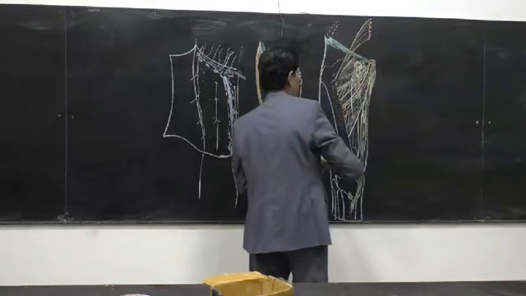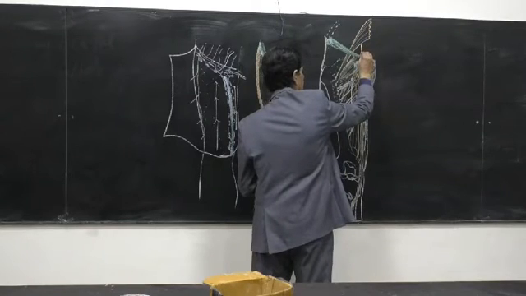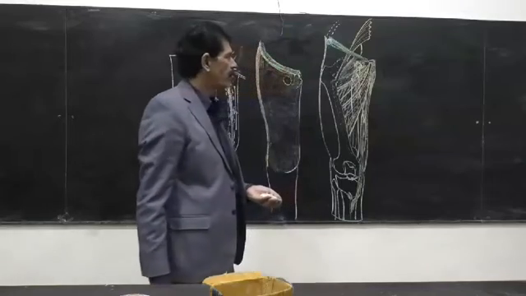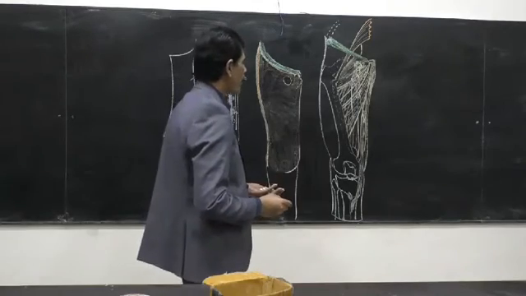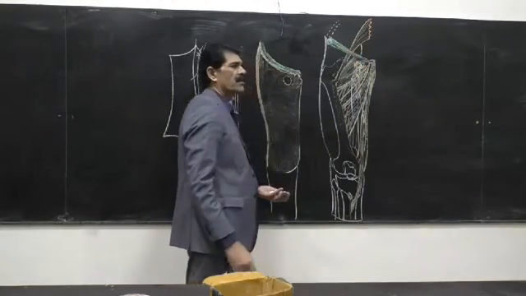From its medial border arises the obturator nerve in the pelvis, and then it comes to the front of the thigh, passing through the obturator canal. So root value is L2, L3, L4. So the lumbar plexus is formed inside the psoas major muscle.